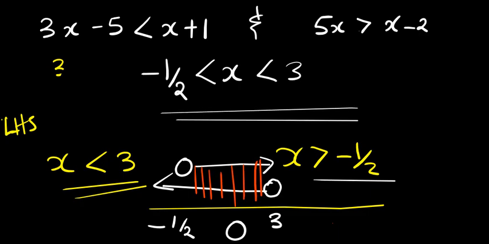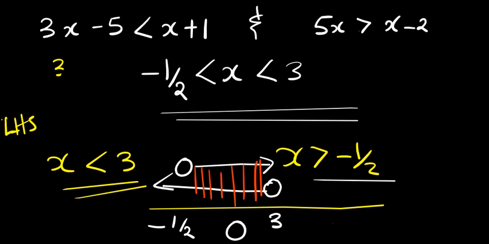So you're always starting with the smallest number first, then you're going to the bigger number. That's how you write your solution. So basically that will be the solution that you are going to have. So that is how we solve these types of inequalities.